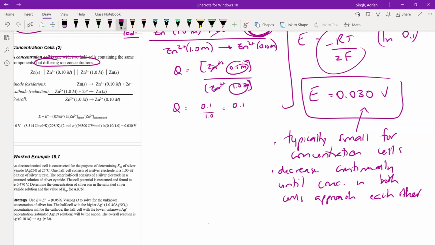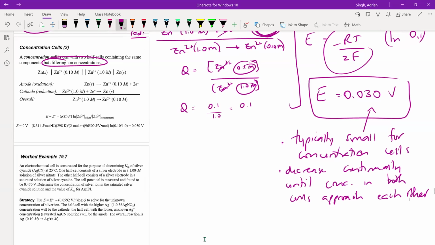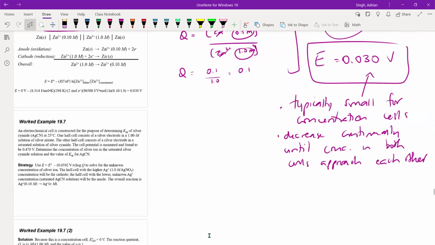Now, one direct application of concentration cells is to calculate Ksp. Remember, we talked about solubility back in the earlier sections. Ksp values for sparingly soluble salts are really, really small, and it's very difficult to use other types of analyses to determine them.